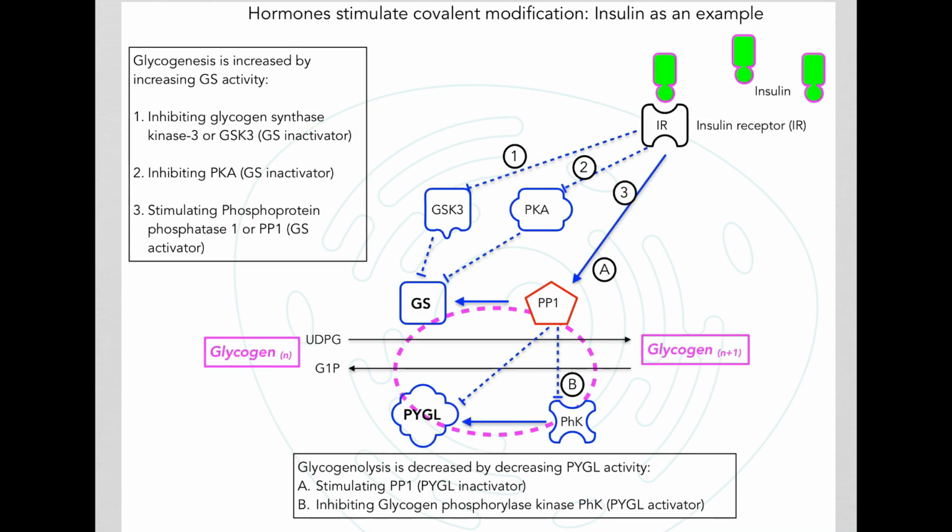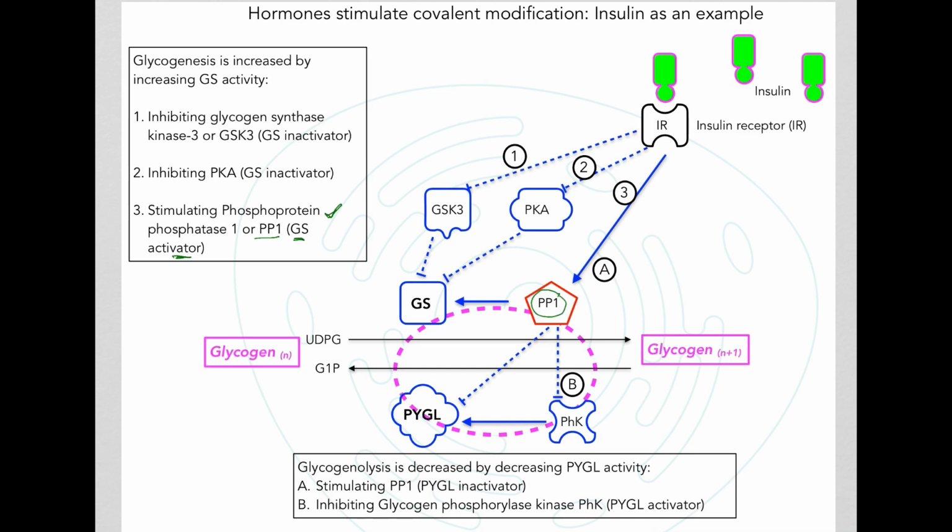Another mechanism is by inhibiting another GS inactivator, and that is PKA. So PKA is an inhibitor of glycogen synthase. So if we could inhibit PKA, and that's what happens when insulin binds, again the glycogen synthase activity is going to increase. A third mechanism is to stimulate glycogen synthase activator PP1.